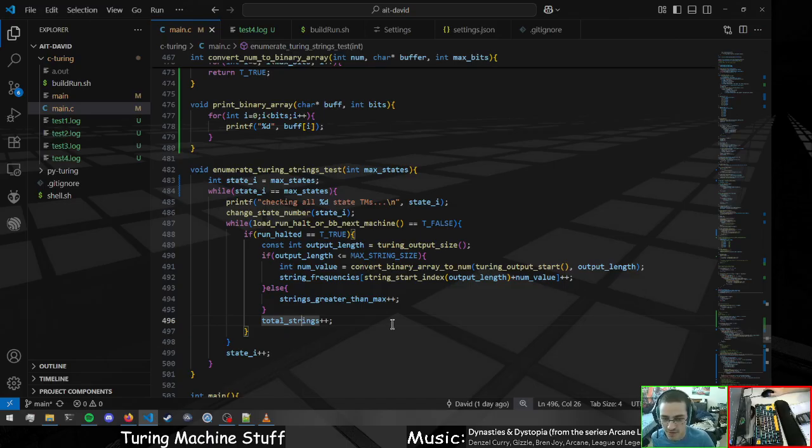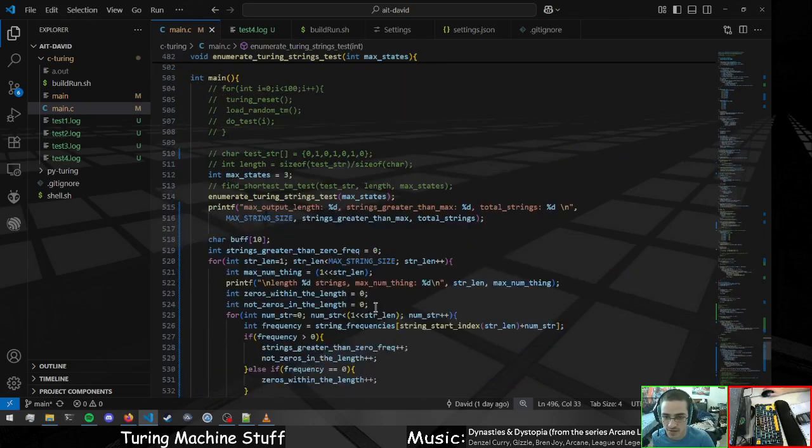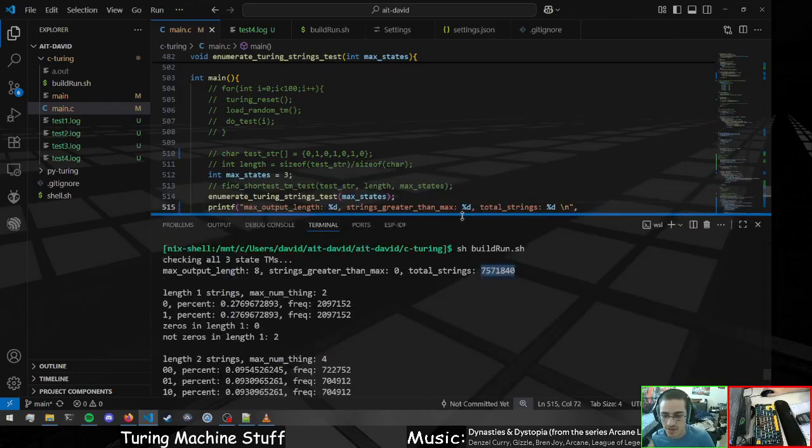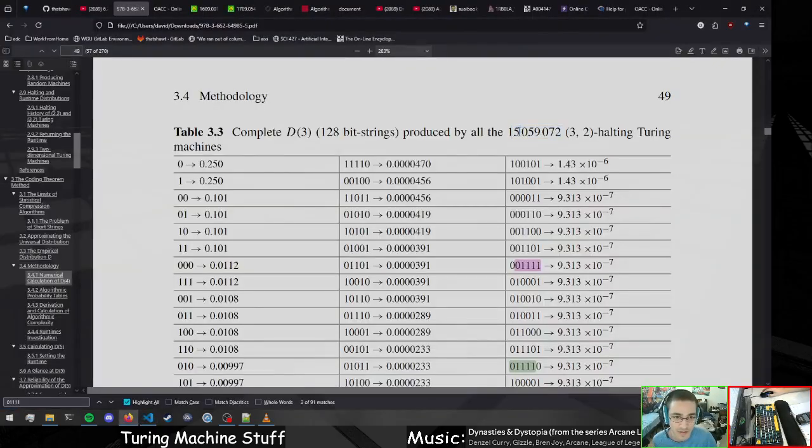And strings greater than max: 0 strings greater than max, and then I got this. What is happening here? Am I just not checking all the Turing machines? Maybe I'm missing some of them, because this number is definitely smaller. It's 7 million something, and this is 15 million.